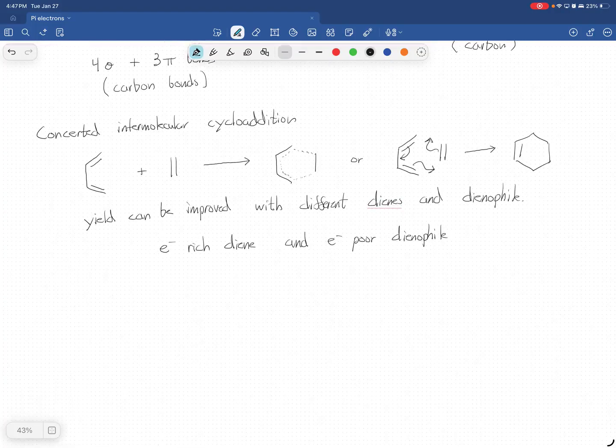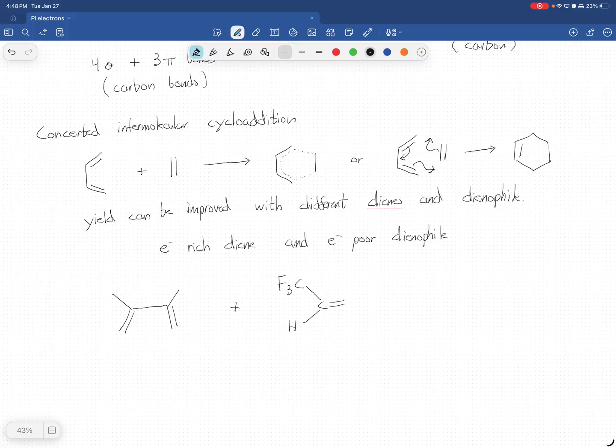All right, so I'm going to copy this down. But I want you to tell me on a piece of paper which one of these molecules is considered electron rich and which one is considered electron poor. Okay, so let's recall, how do we tell if something's electron rich or electron poor?